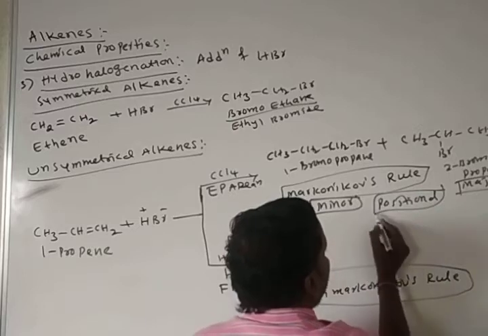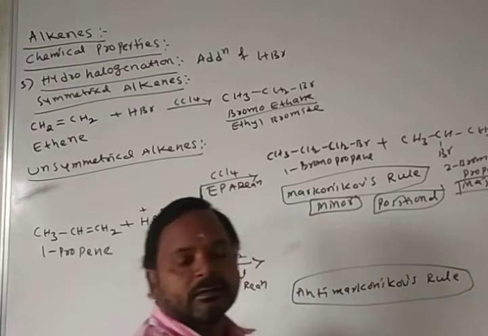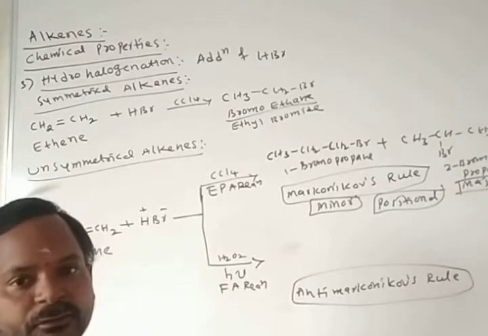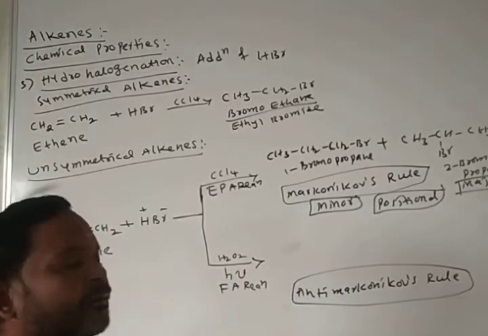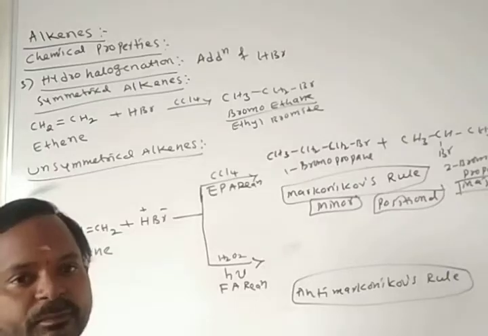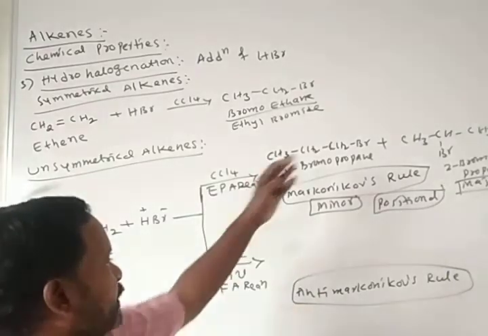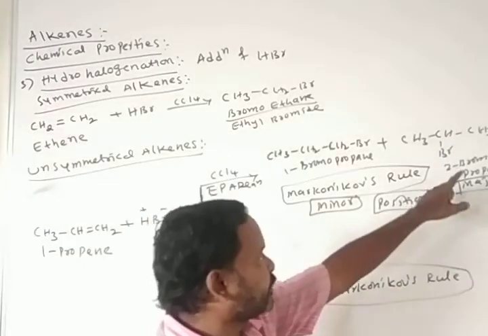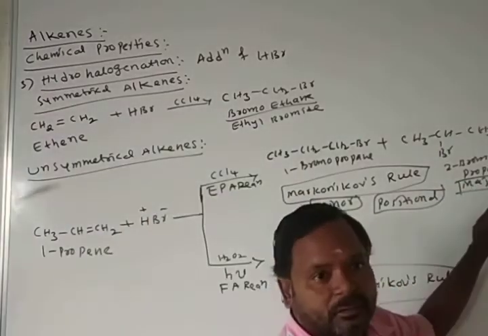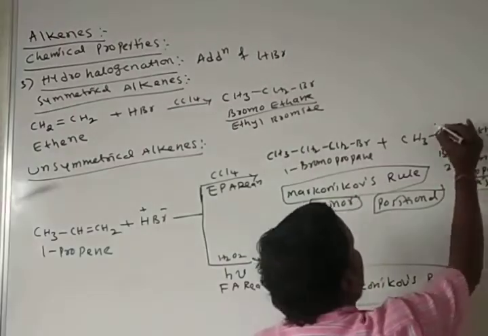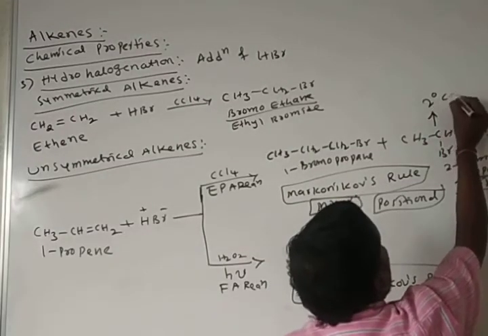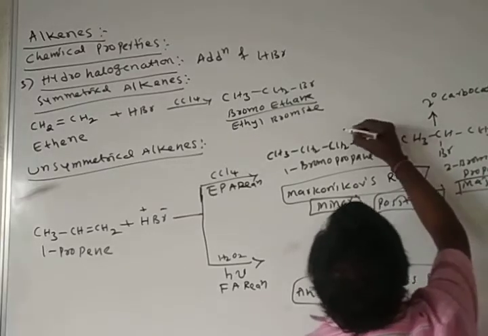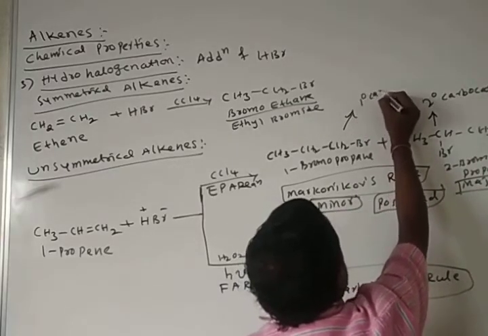Both are positional isomers. What are positional isomers? Compounds having the same molecular formula but a different position of a functional group, atom or double bond. These two are positional isomers. 2-bromopropane is the major product and proceeds through a secondary carbocation, while 1-bromopropane proceeds through a primary carbocation.